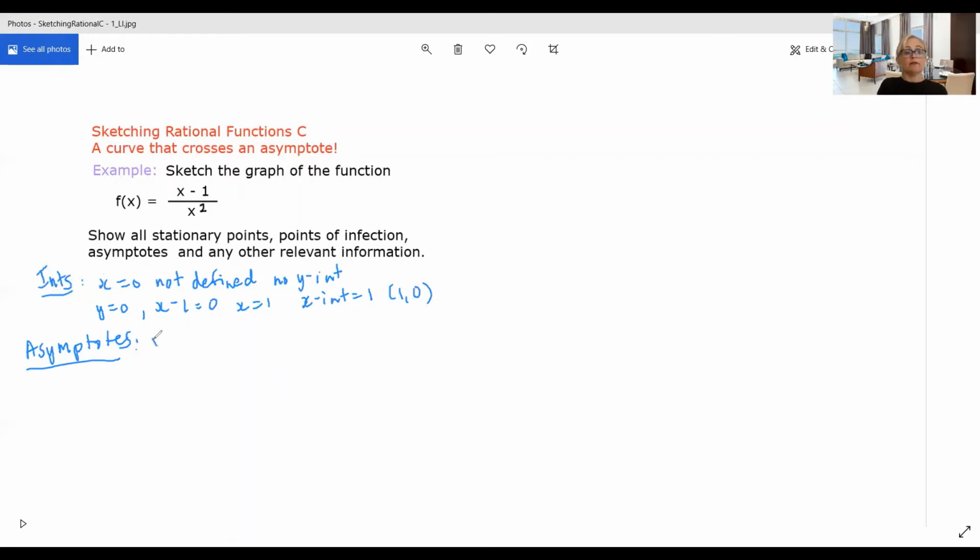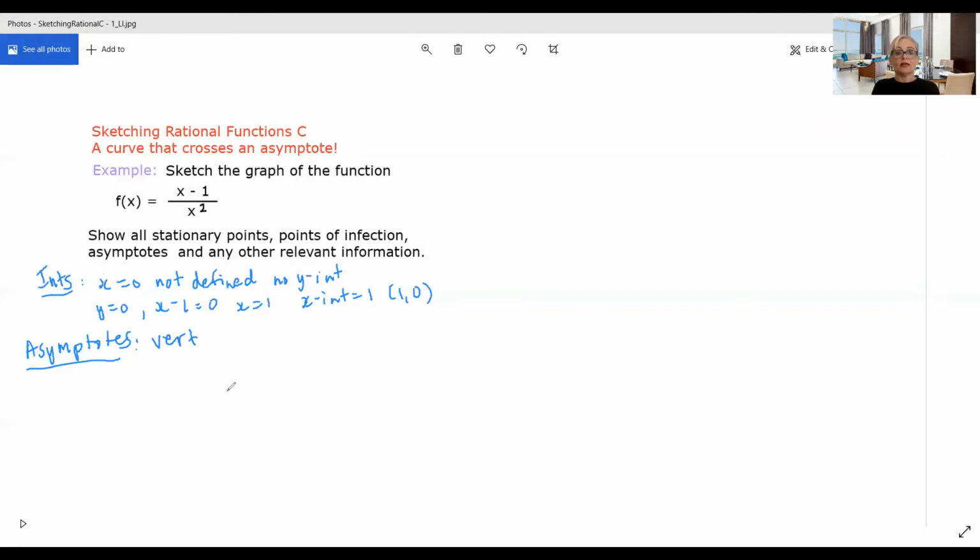Okay, well, any vertical asymptotes will occur when the denominator is 0, when the function is not defined. Now, again, there's a little proviso here. We did do an example in a previous sketching rational functions video where the denominator was 0, however, the numerator was also 0. That's called an indeterminate form. And when you worked out the limit, it actually existed there.